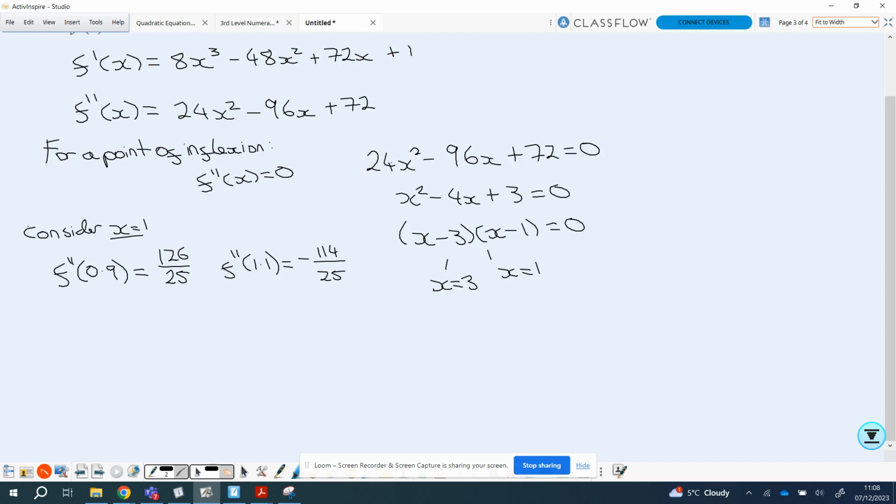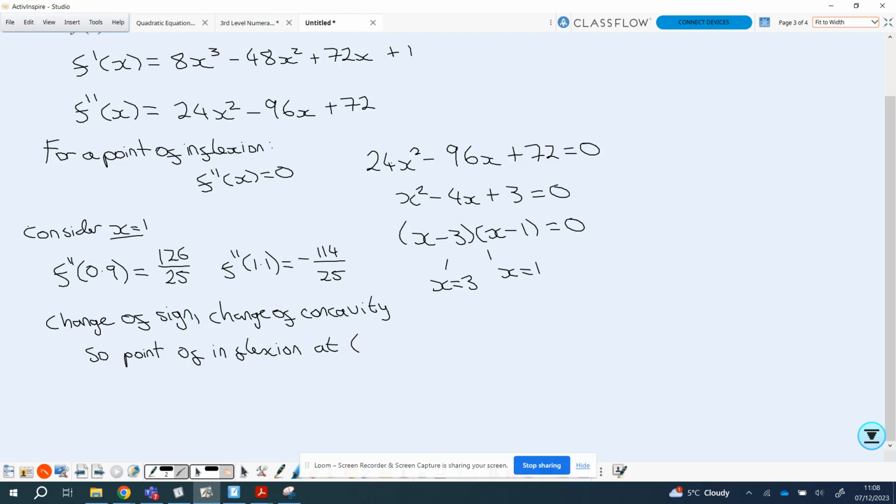So what we write is change of sign, change of concavity, so point of inflection at x equals 1.